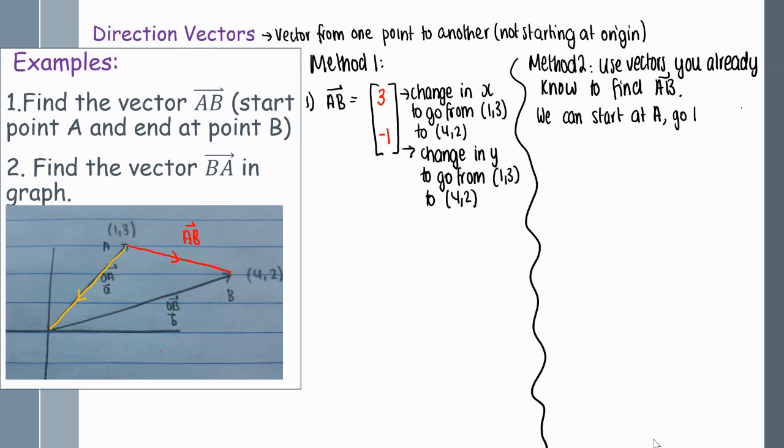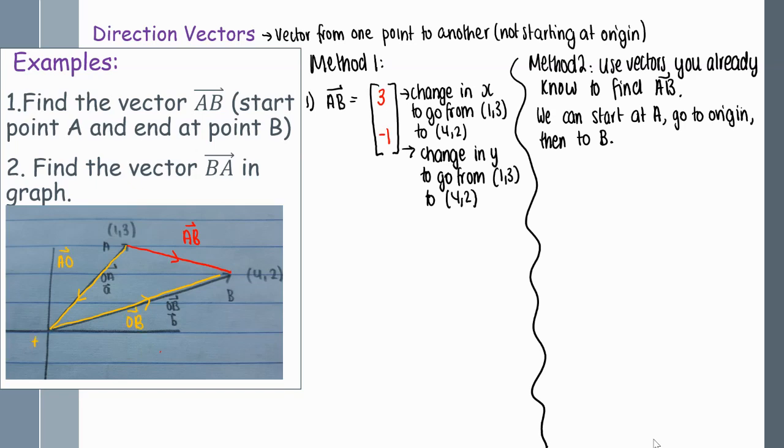And then I can go from the origin up along vector OB to get to my point B of 4, 2. So this method, I'm just going to use vector addition.